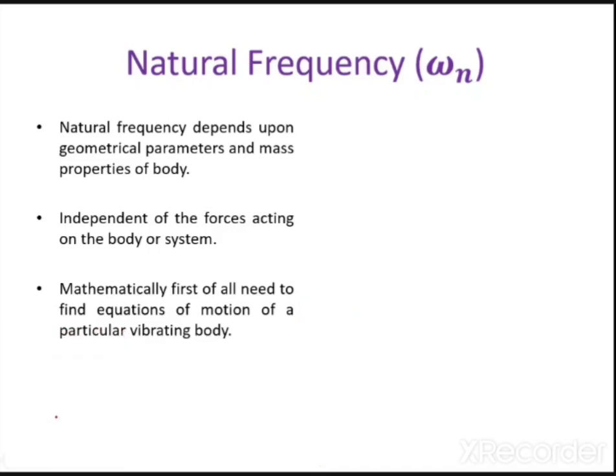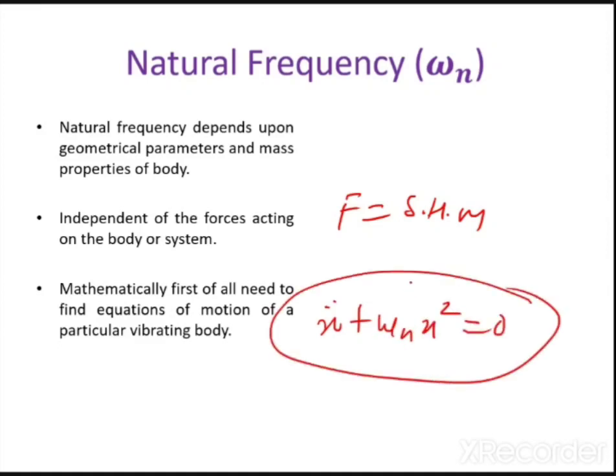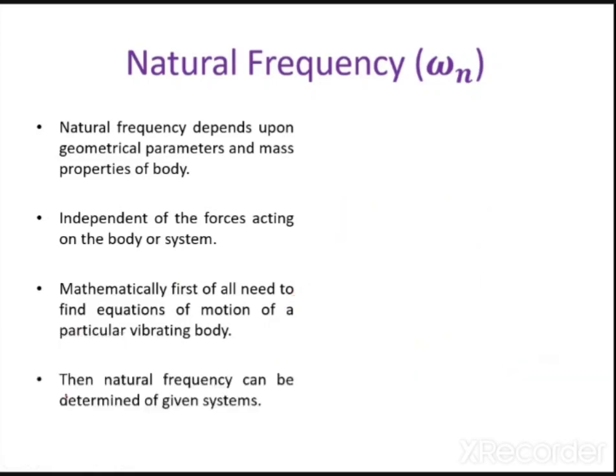In this model we are considering simple harmonic motion, so the external excitation force is simple harmonic. The fundamental equation is x double dot plus omega n square x equals 0, which I have already derived in the first or maybe second lecture.